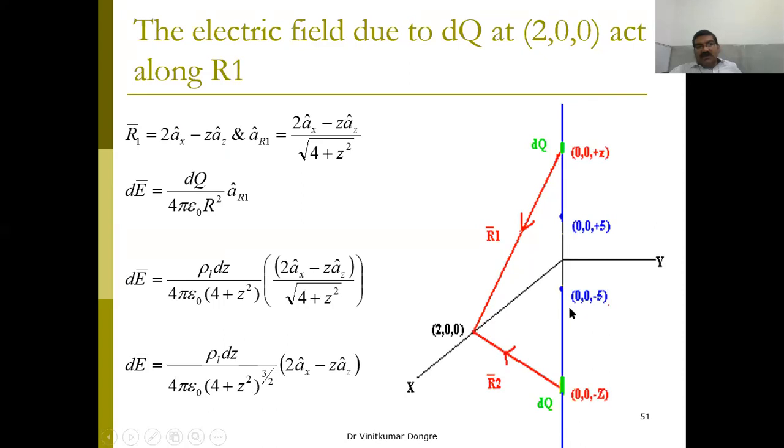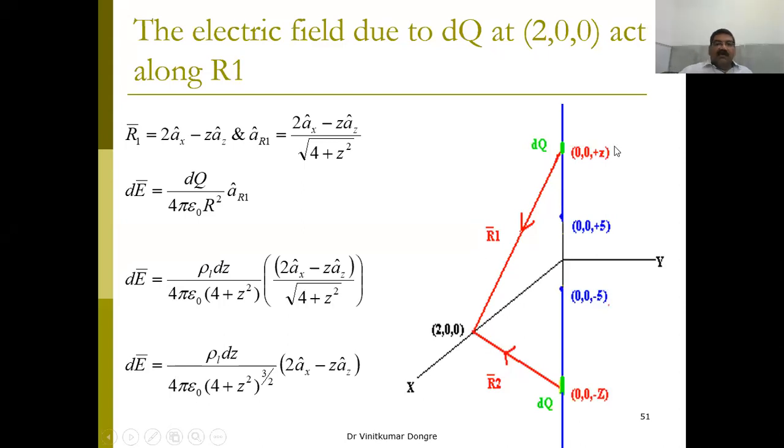Here is the charge, and the discontinuity of charge is between +5 and -5. And this is the required point where you are asked to find the electric field intensity due to these two line charges. That is at 200, which will be on the x-axis.